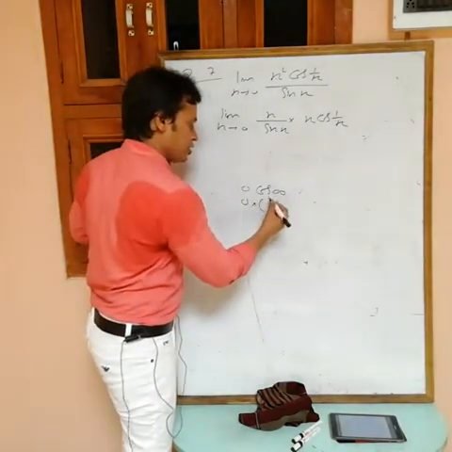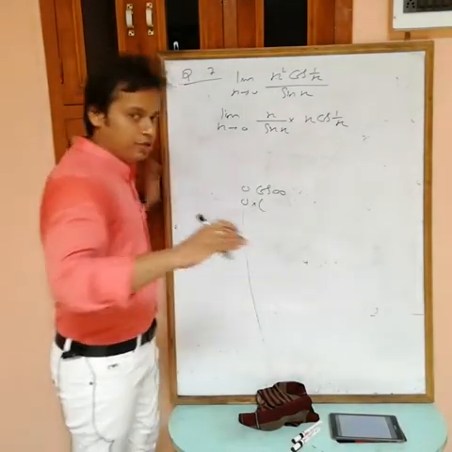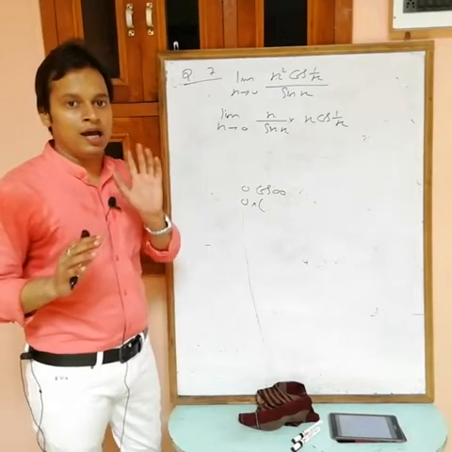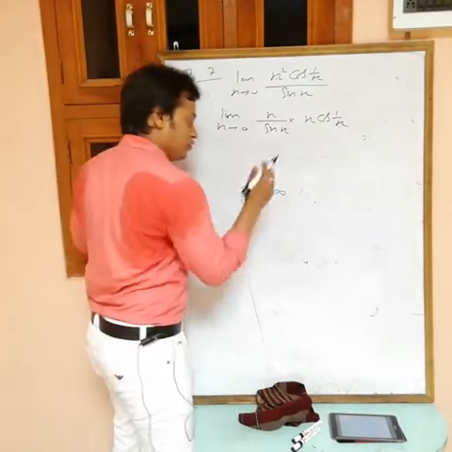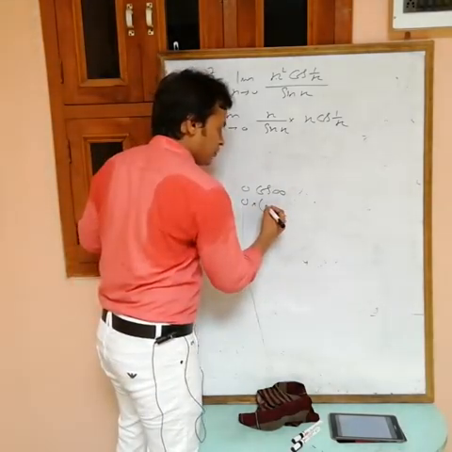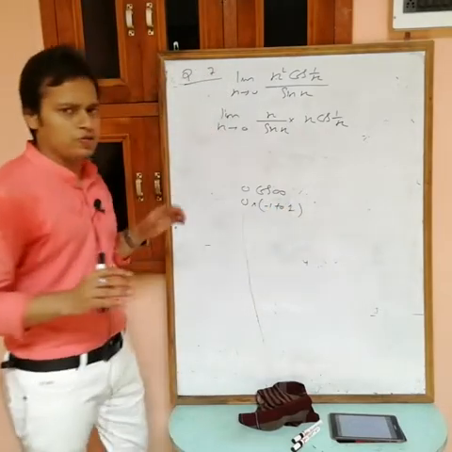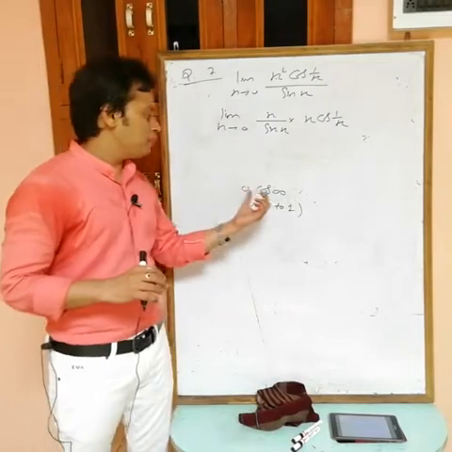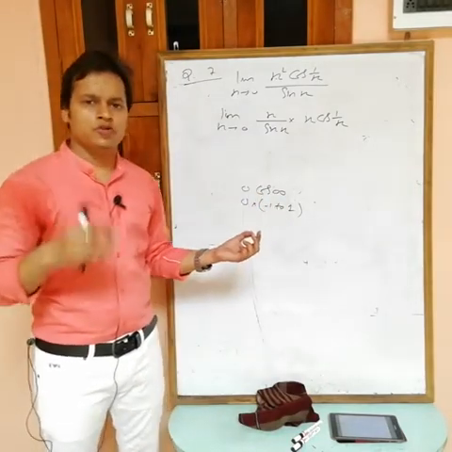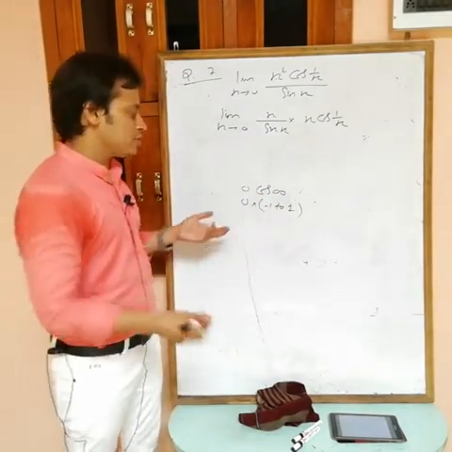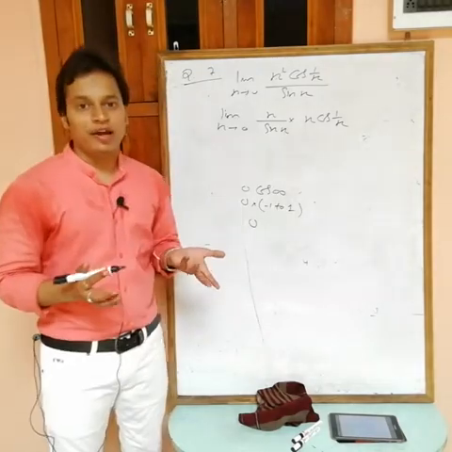So 0 into, it can take any value, cos infinity. We don't know the exact value of this one, but I have one confirmation that this value must lie between minus 1 to plus 1. Now take any value from minus 1 to plus 1. If you multiply with 0, then the answer is 0. It means finite, then okay.